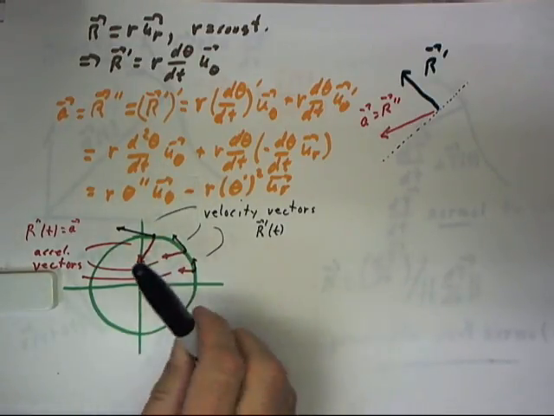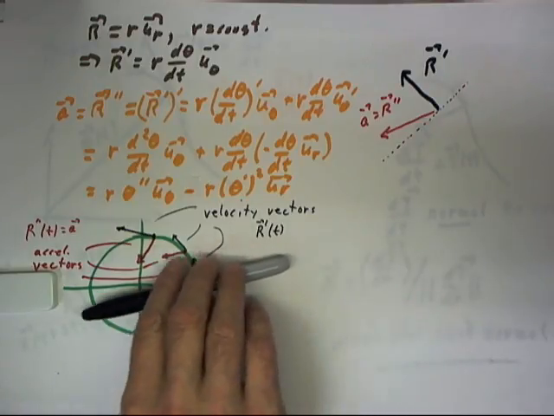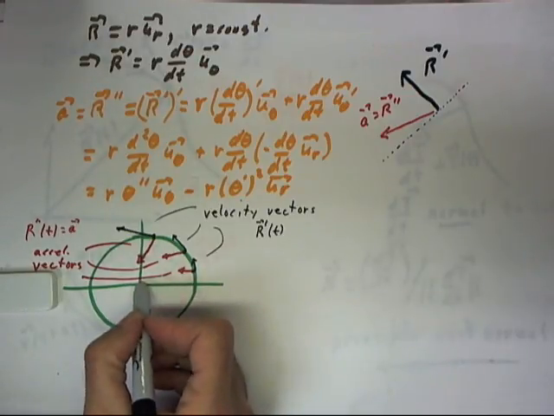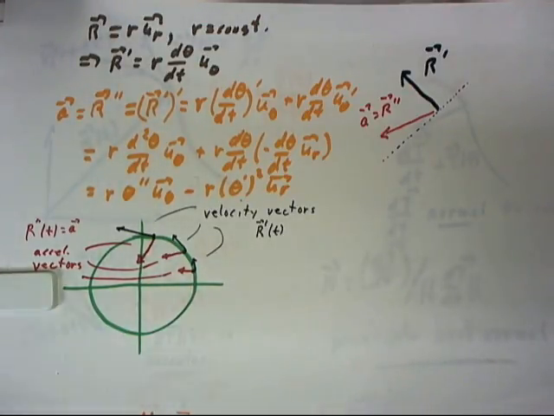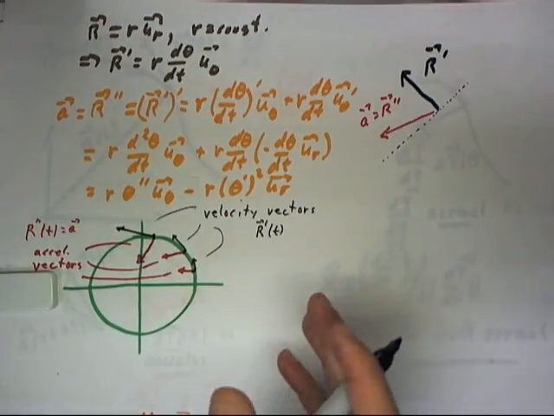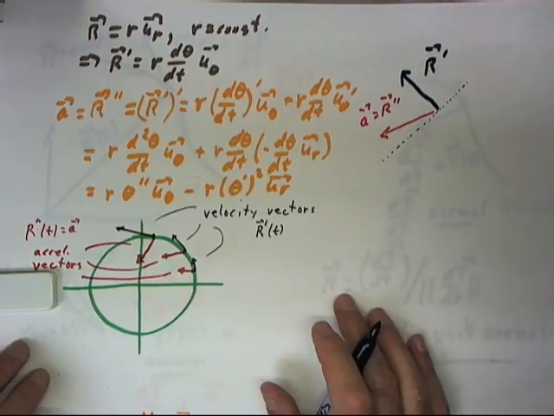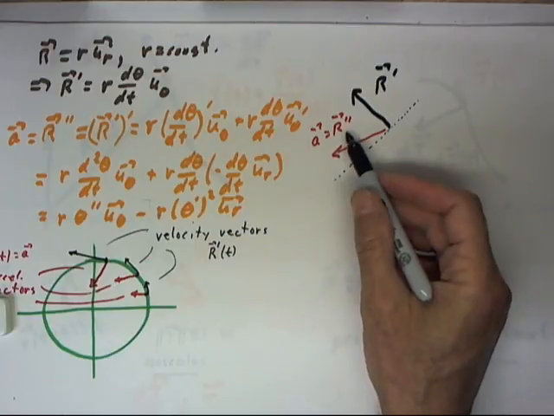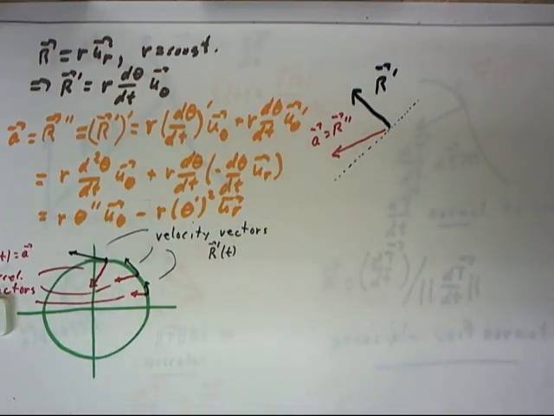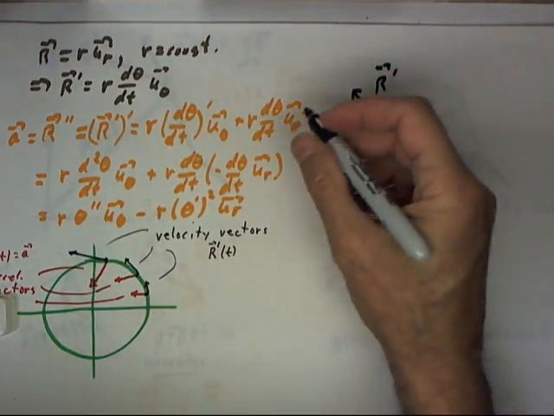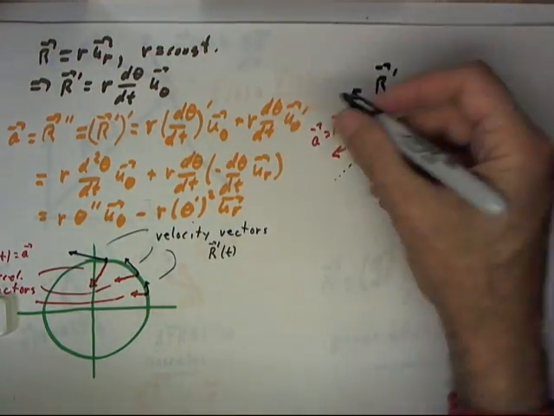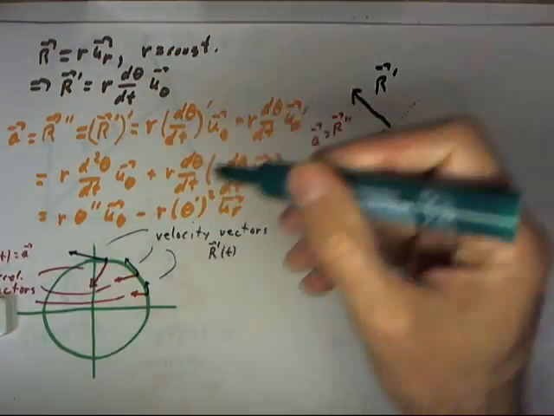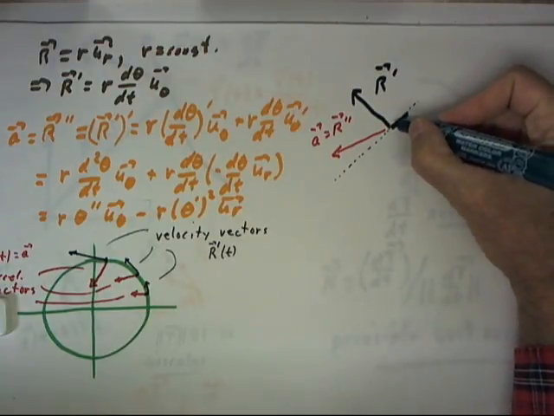Speeding up in this direction, so there's a component in this direction, also curving in such a way that we have an acceleration component perpendicular to the curve, which would be toward the center. If we look at a typical r prime vector and an acceleration vector equal to r double prime, r prime can be expressed in terms of a component in the radial direction.